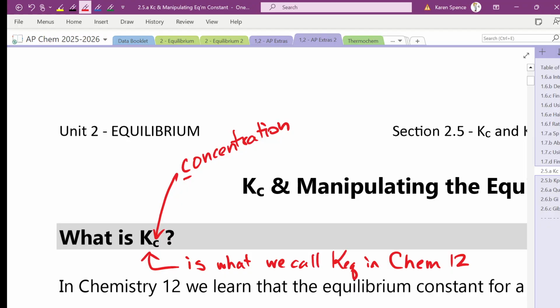Why do they give it another name? To distinguish it from when we use pressures, because in AP you will be given pressures. And that one is then called Kp, for pressure. Okay, so Kc is just Keq.